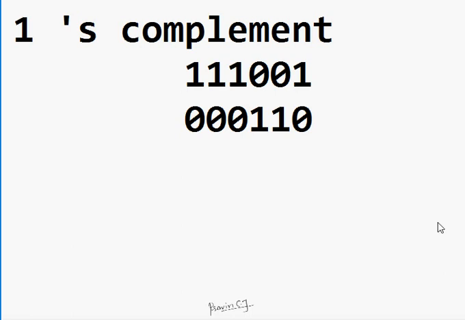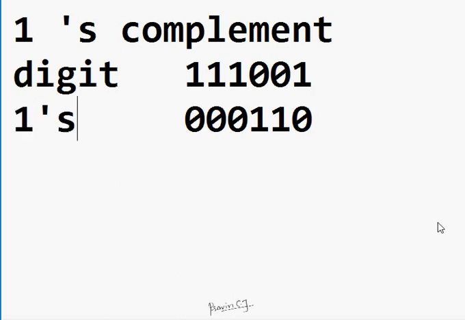If you want to calculate the 2's complement, it starts from the 1's complement. This is the number, and we have found its 1's complement. Now how will you calculate the 2's complement? I think it's very simple.